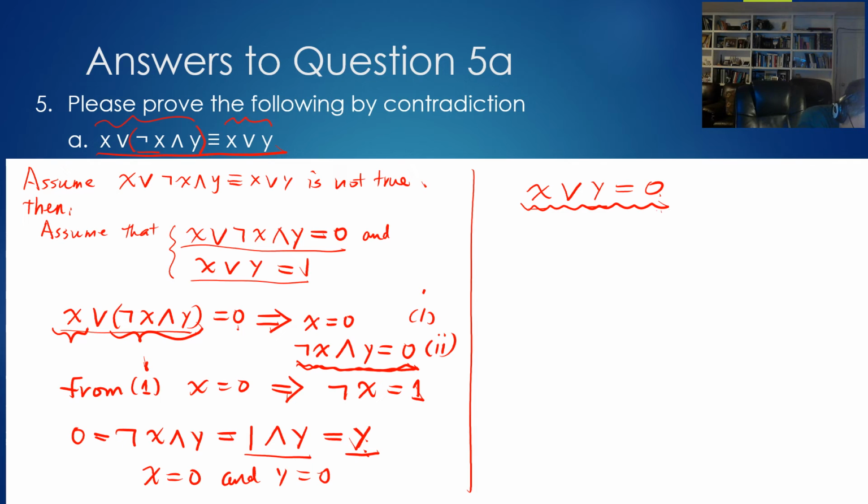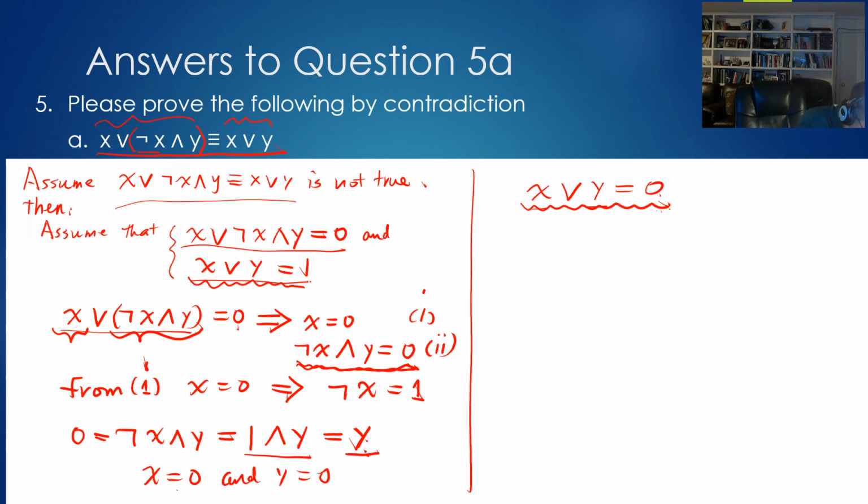This is contradictory to the assumption that x or y is 1, because we assumed that if this is not true, then one case is that the left side is 0 and the right side is 1, and based on this we get x equals 0, y equals 0, and then x or y equals 0.